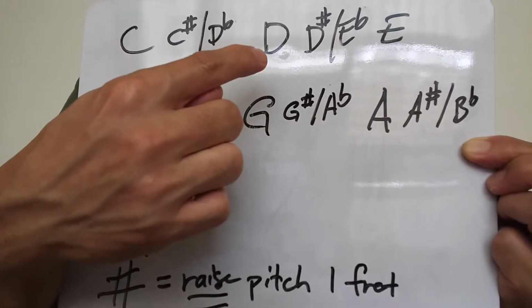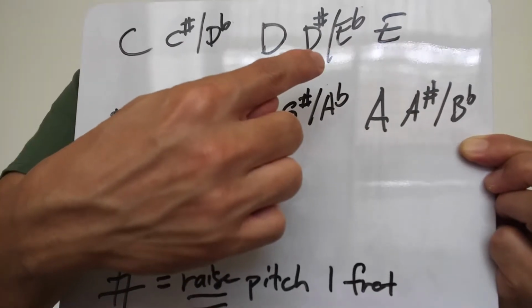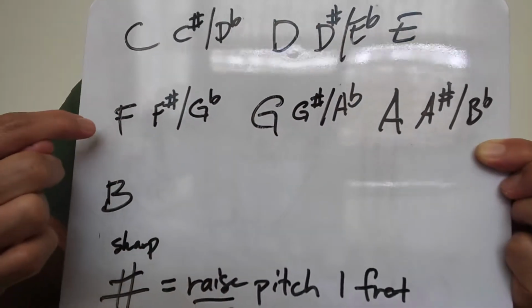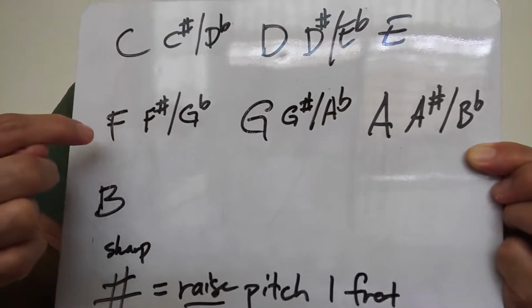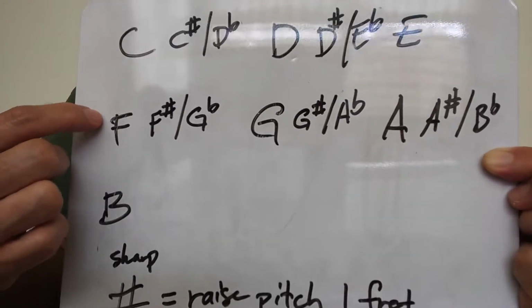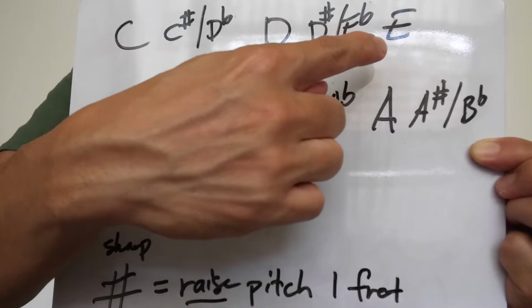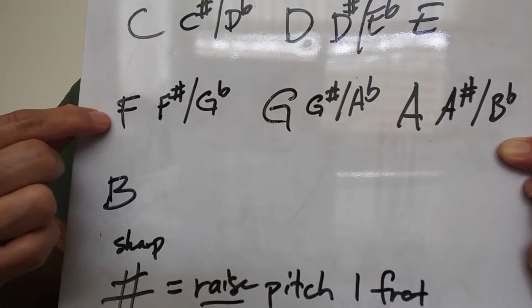So there's a C. Then a C sharp or D flat. Next note is a D. Next note is a D sharp or E flat. Then the E. Then the F. Between E and F, there's no note. That's just how music is. So from E, 1 fret higher would be the F note.